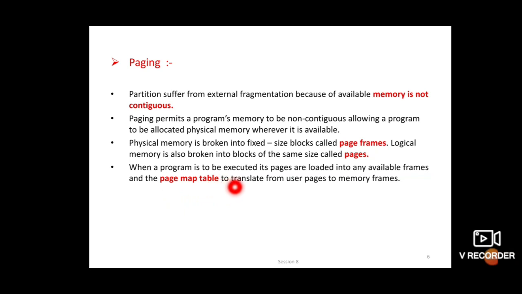Wherever space is available in physical memory, those pages are stored in that frame, and that frame number is stored in the page map table. Every process has its own page map table.